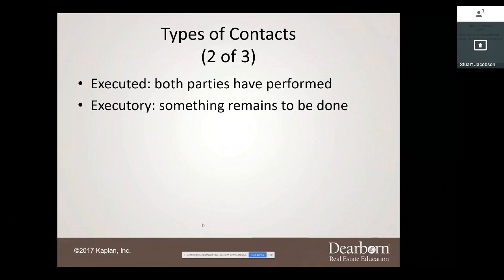The lease is bilateral because there are two parties that are obligated to do something. In the 6th month of a 12-month lease, it will be executory. There's some things that remain to be done. At the end of the term of the lease, it will have been an executed contract. Okay, so it will be an express bilateral executed contract. So that's what you're going to have to understand.